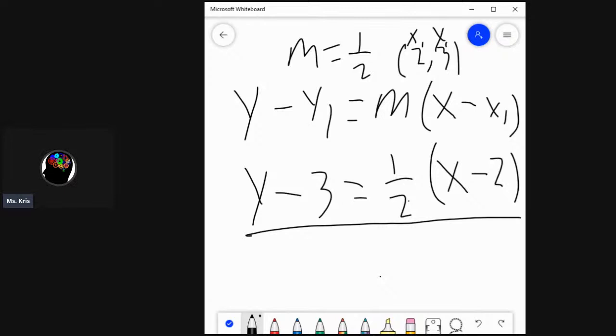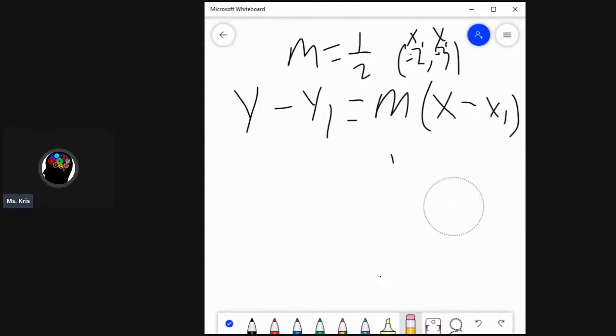Now, what if my 2 is negative and my 3 is negative? Well, if my 2 is negative, then my x and y, they're both negative.